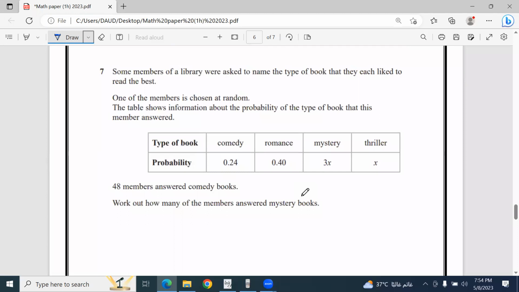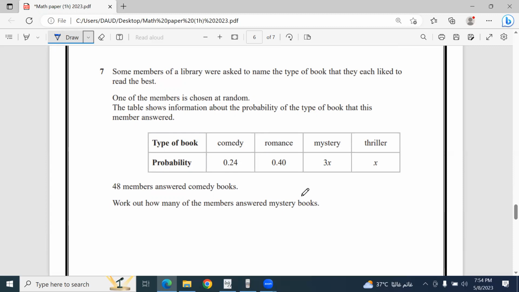Question number 7. Some members of a library were asked to name the type of book that they each liked to read the best. So one of the members is chosen at random. Random means equally likely chance for everyone. Okay, so the table shows information about the probability of the type of book that this member answered.